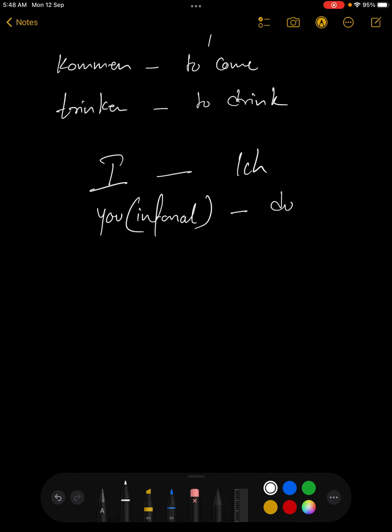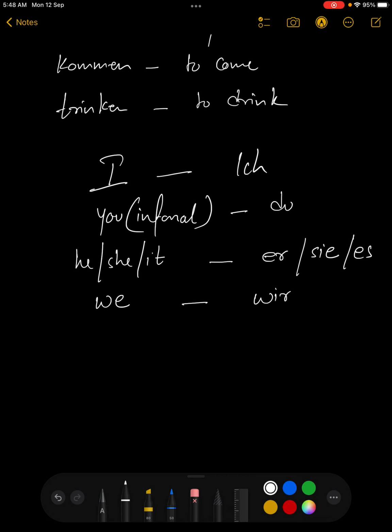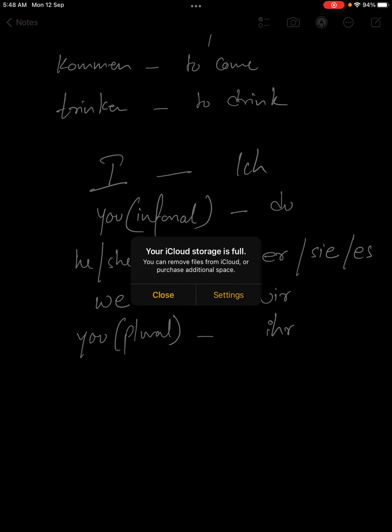For he, she, or it, that'll be er, sie, es. Corresponding for we is wir. For you, the plural form, we have ihr. For example, when a teacher addresses all the students at once in the class, you could use ihr.